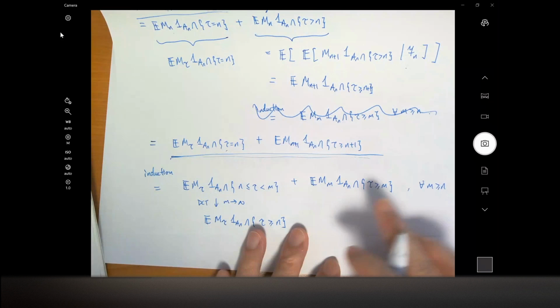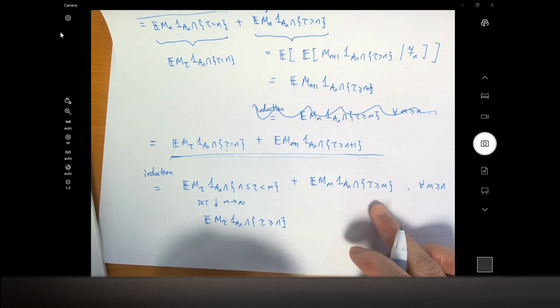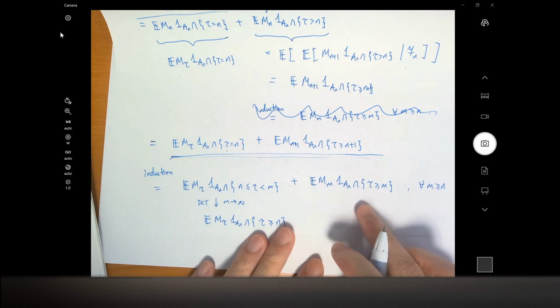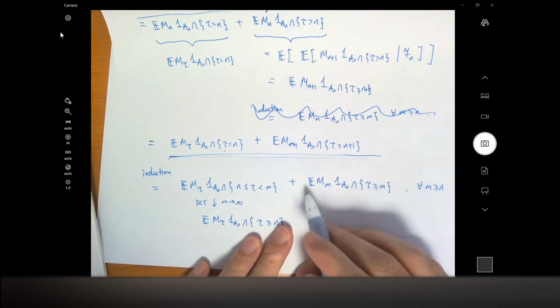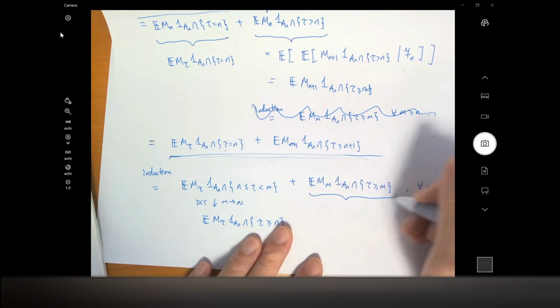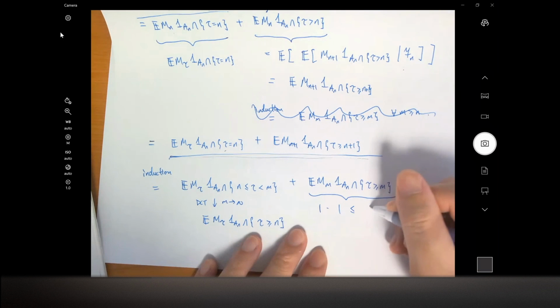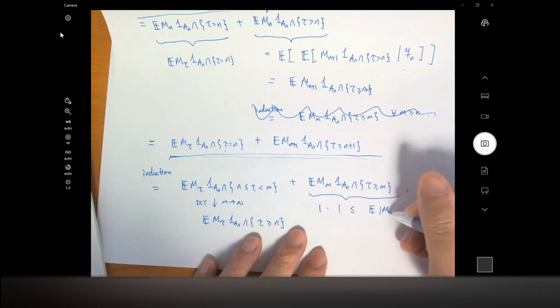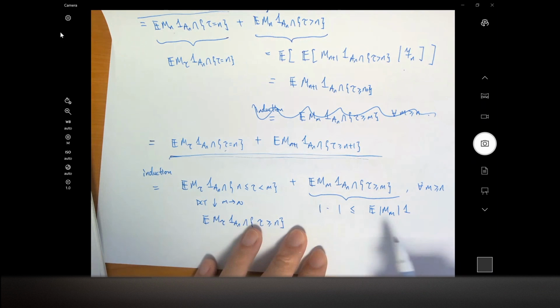So if I do the same on this side, as m goes to infinity, this guy over here, if I take the absolute value, will be smaller than this.